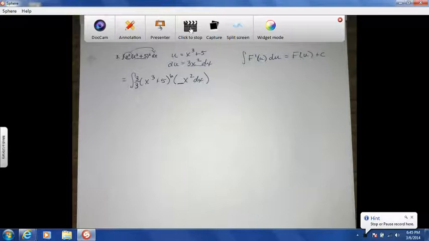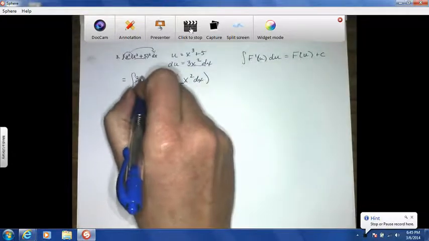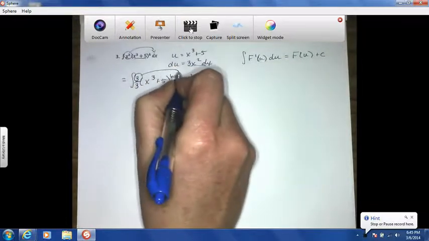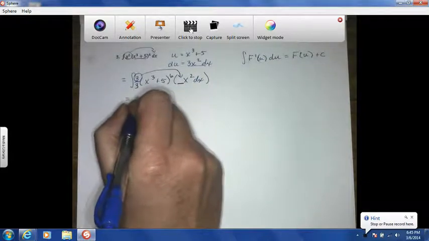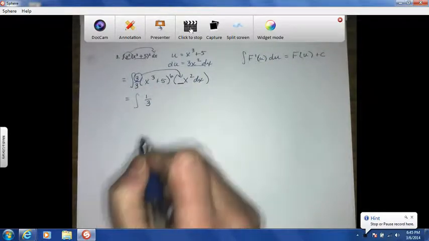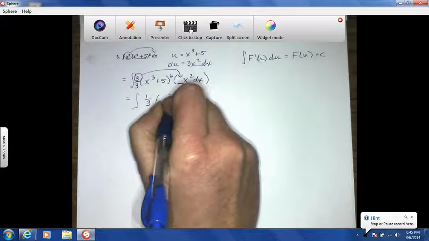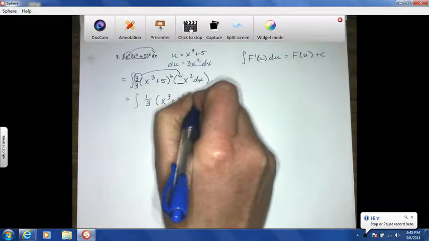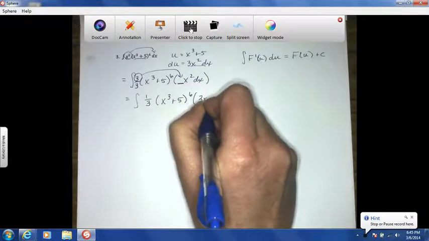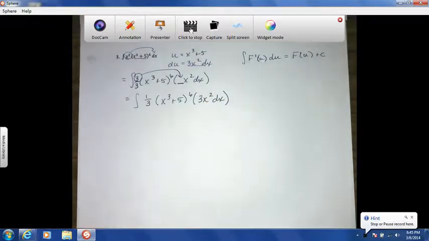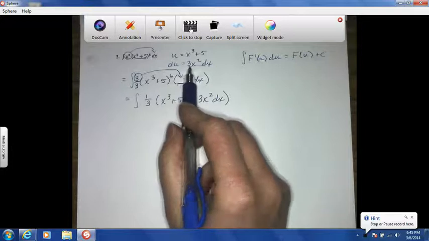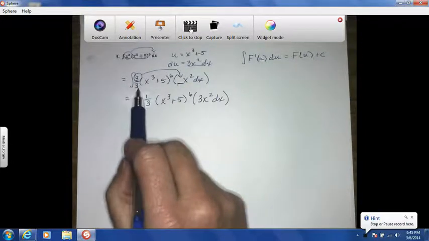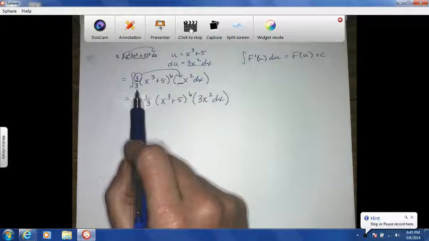The reason that I did that is because once again I can rearrange my terms and I can place that 3 over with my du pieces. So what we have now is the integral of 1/3 times x cubed plus 5 to the 6th power times 3x squared dx. So even though we were missing the coefficient that we needed for du, we were able to put one in by multiplying top and bottom by the same number.